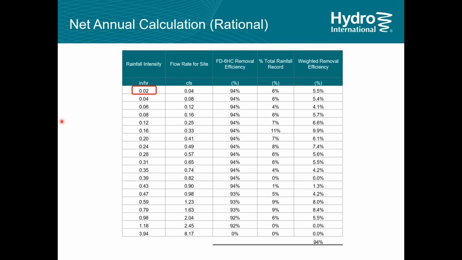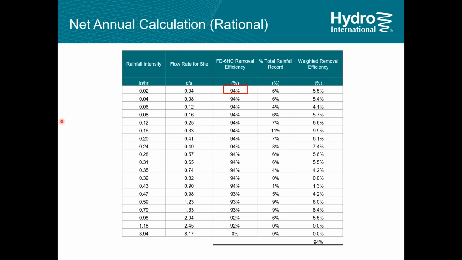So we have our intensity for our site, and it doesn't really matter what it is. I can use the rational method and calculate a flow rate. So now I've got a flow rate. I can take that flow rate and go to my charts for my piece of equipment and work out that at that flow rate I can remove 94% TSS.